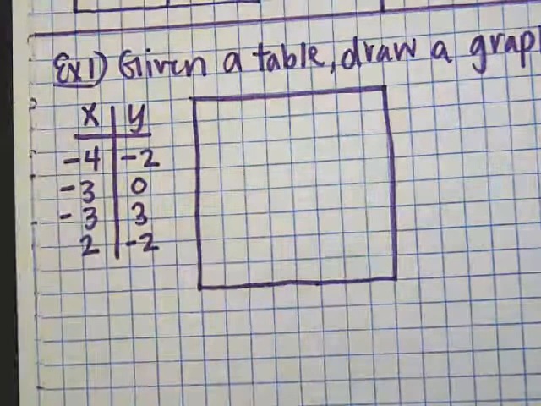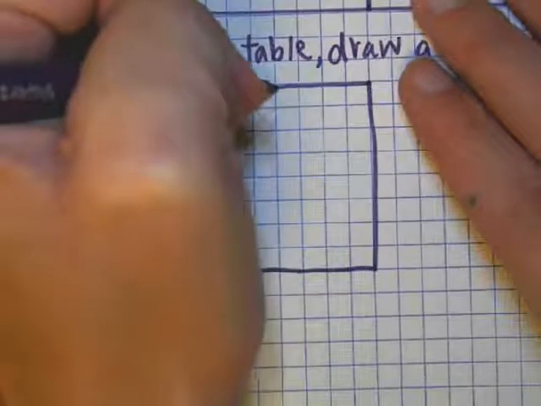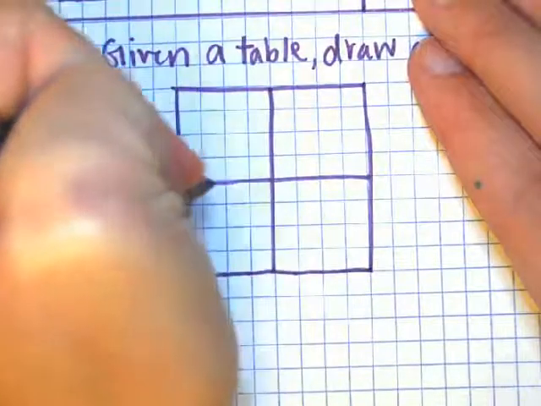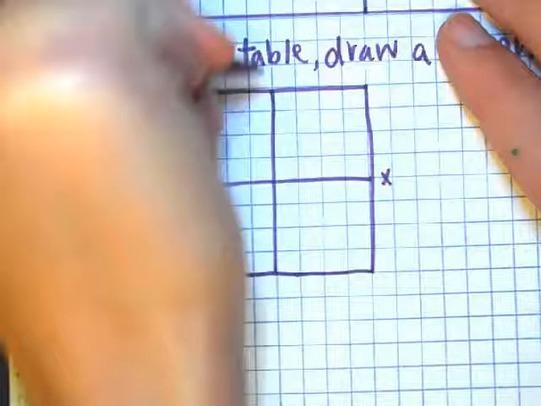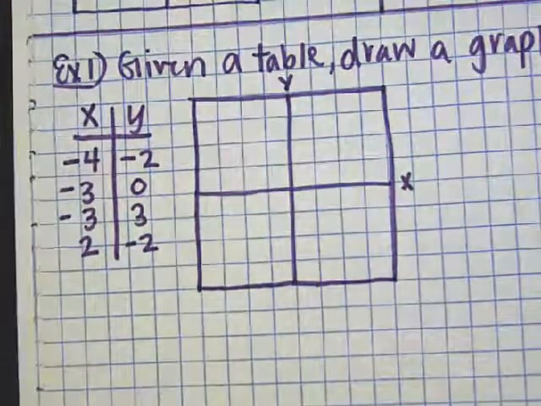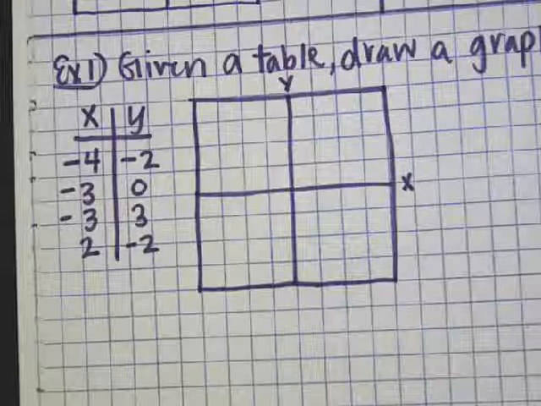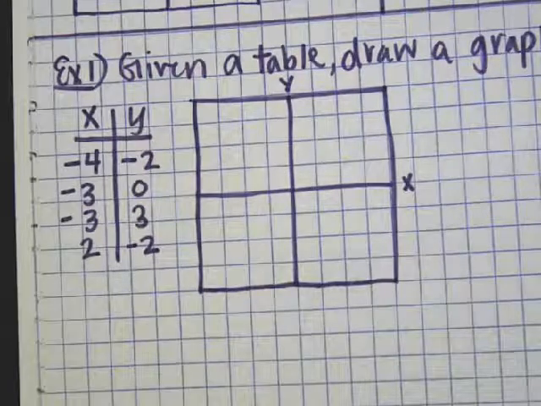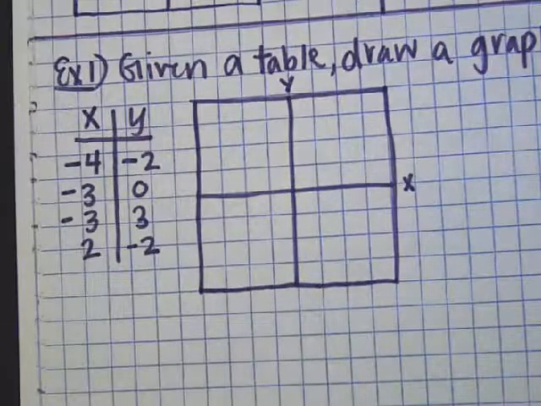Find the lines dead center and make those your X and Y axes. And make sure anytime you draw a graph, you have to label your X and Y axis. Okay, so now let's plot these points from the table.